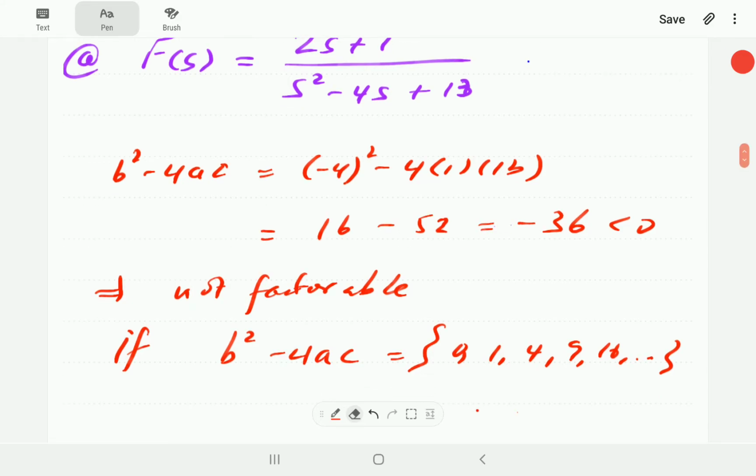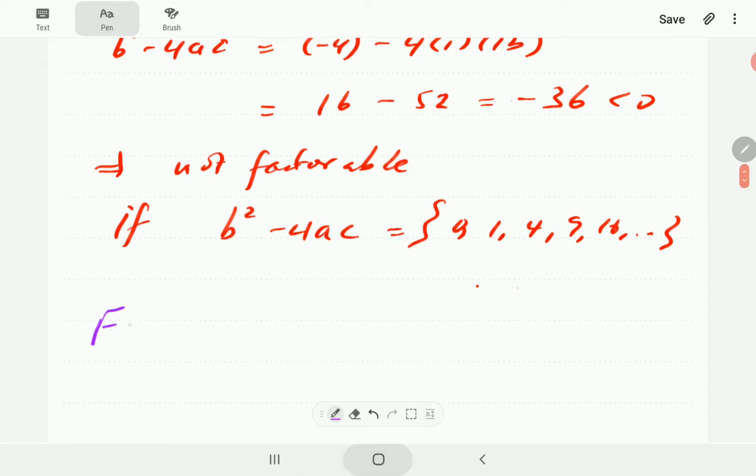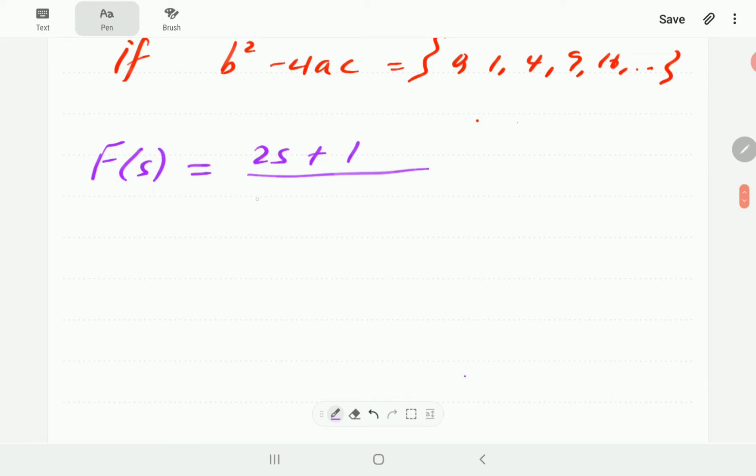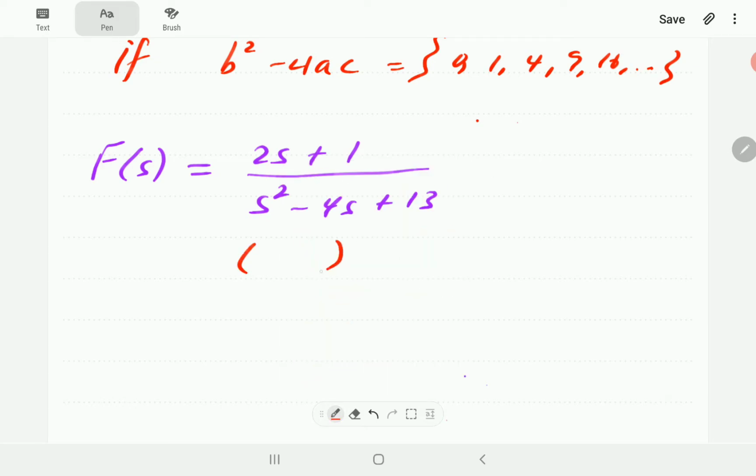So here we're going to start by completing the square in the denominator. We're going to go through this pretty slowly so that everyone can follow what we are doing. In s squared minus 4s plus 13, to complete the square, we write the first two terms as something squared.